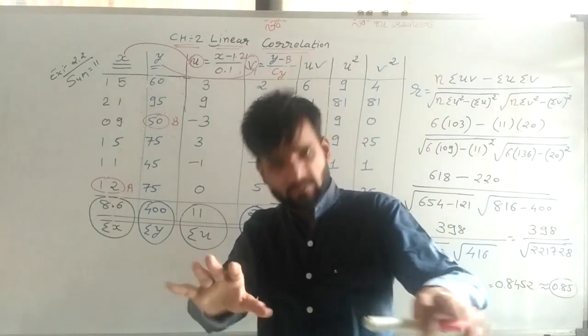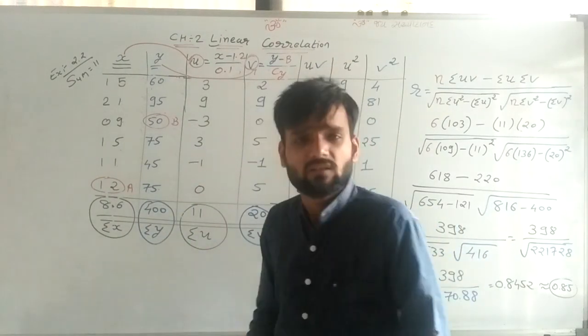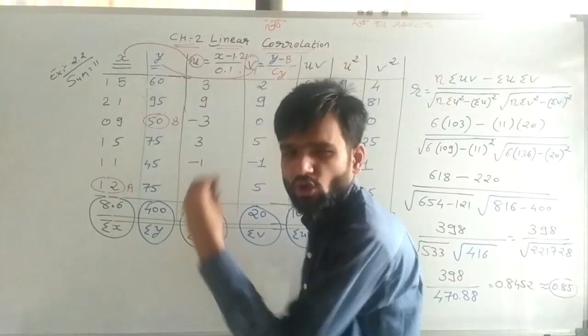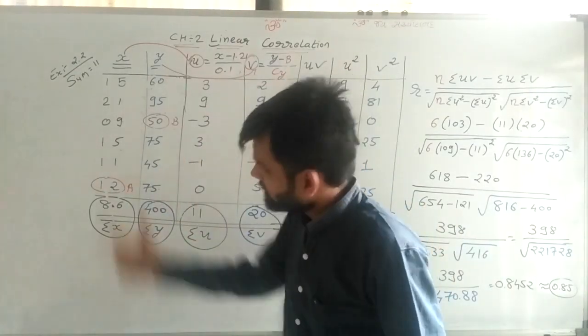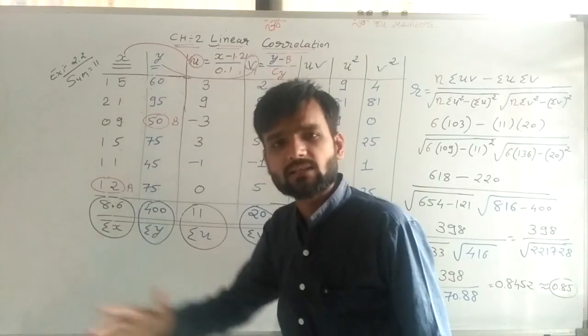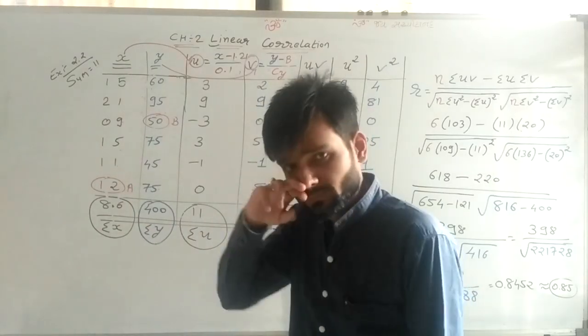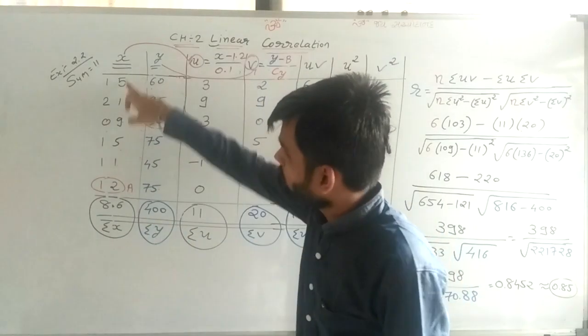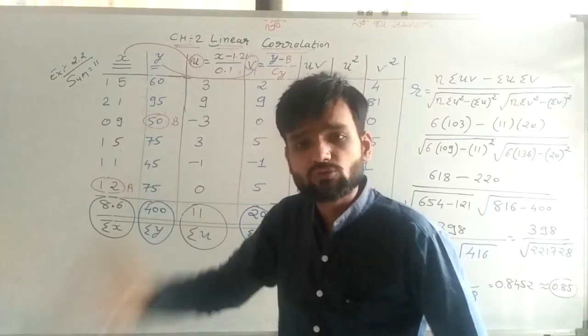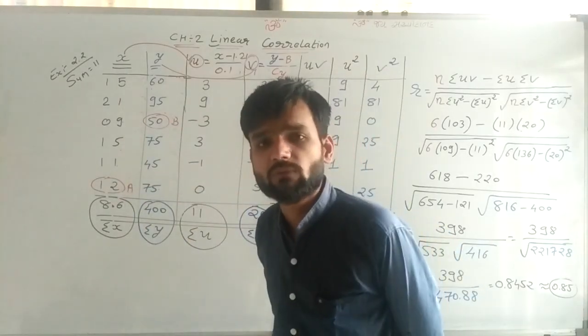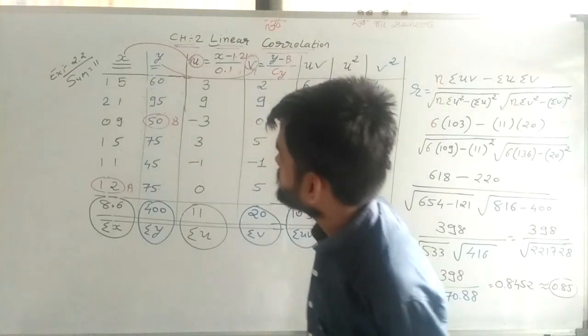Just think, there are no points, and we have assumed 12 as the assumed value. So deduct 12 from all the values.